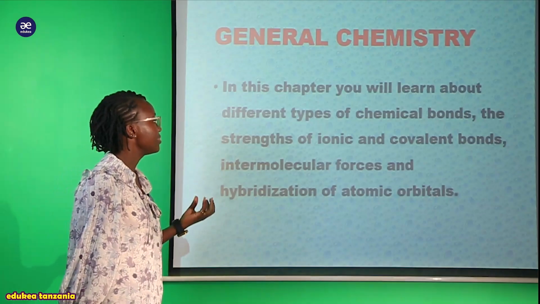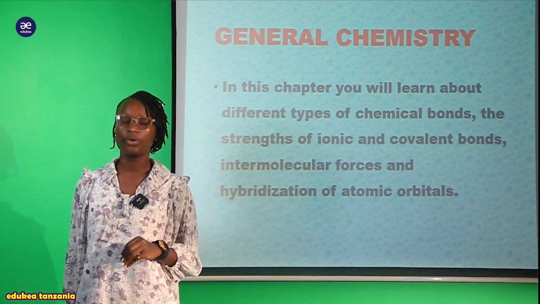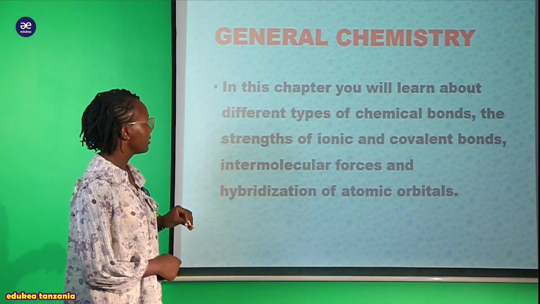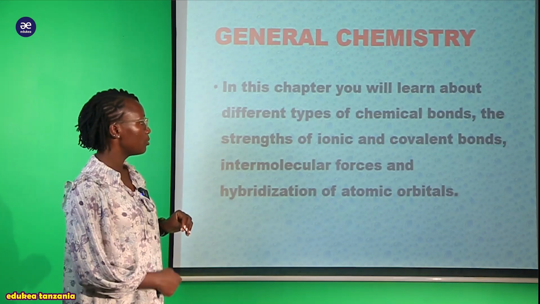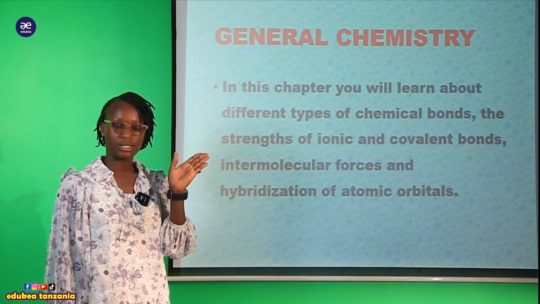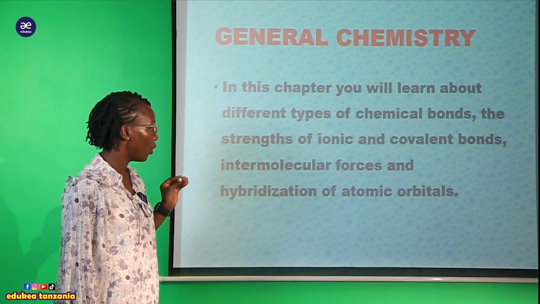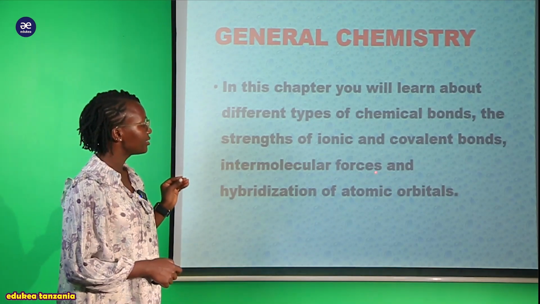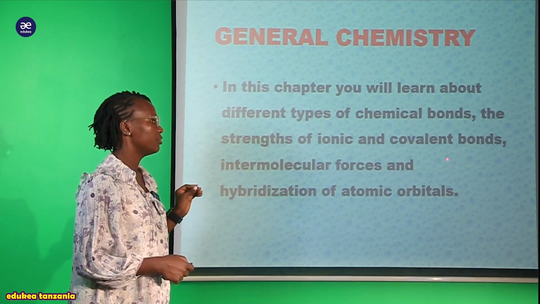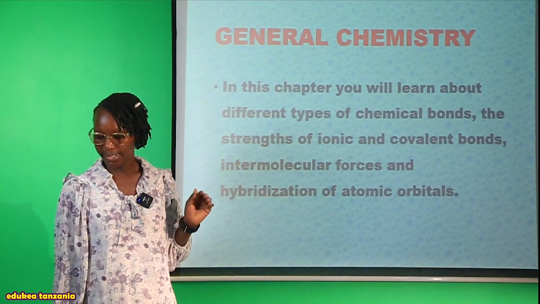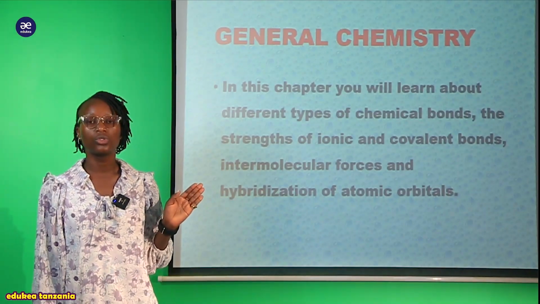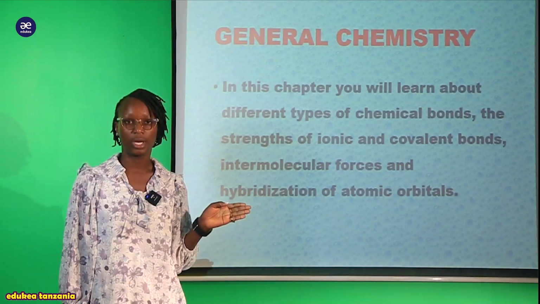So we are going to learn the types of chemical bonds, the strengths of ionic and covalent bond, pia tunaenda kusoma kuhusiana na the strengths of ionic and covalent bond, intermolecular forces and the hybridization of atomic orbital.